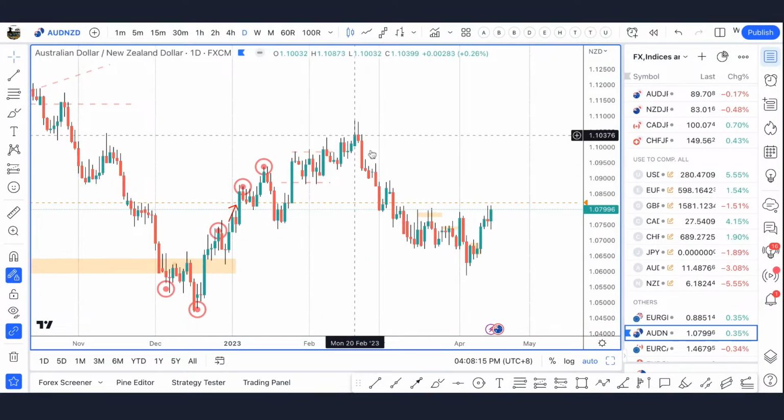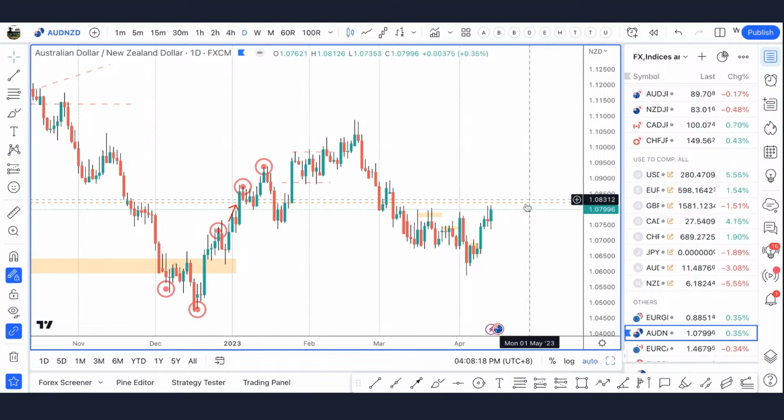So this downtrend might be ending already for AN, if this were to close higher for the next few days.